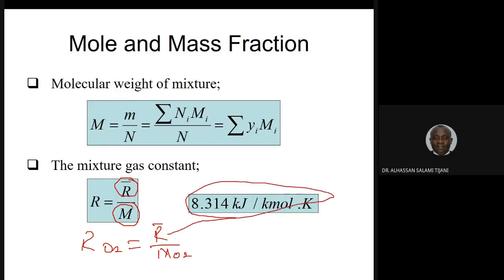So the universal gas constant does not change, but the ideal gas constant for oxygen, for carbon dioxide, for nitrogen, all different ideal gases, they have different gas constants. You understand me?